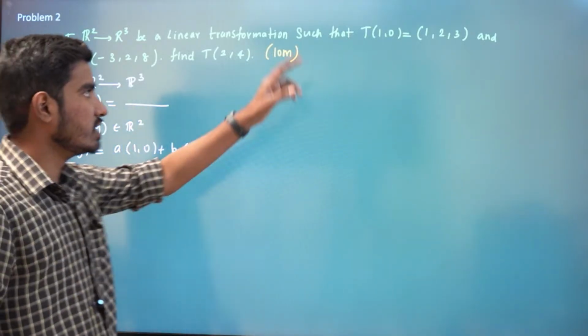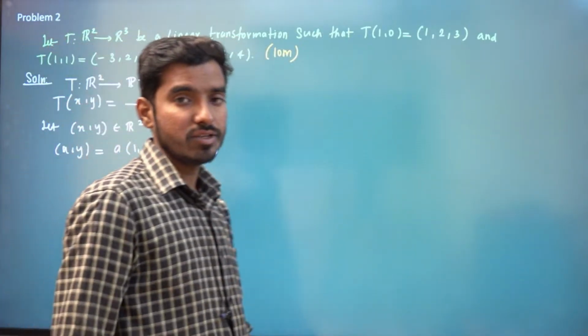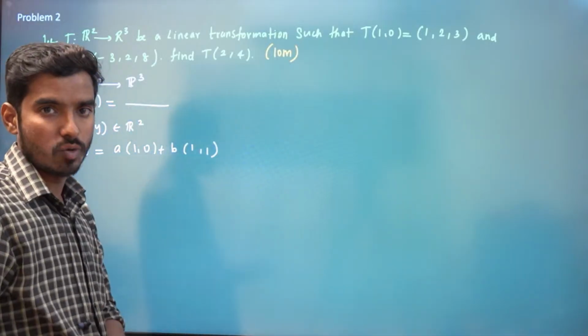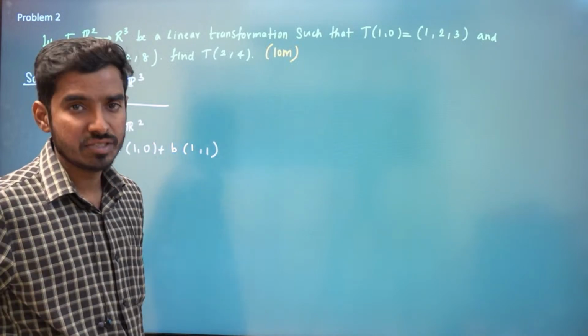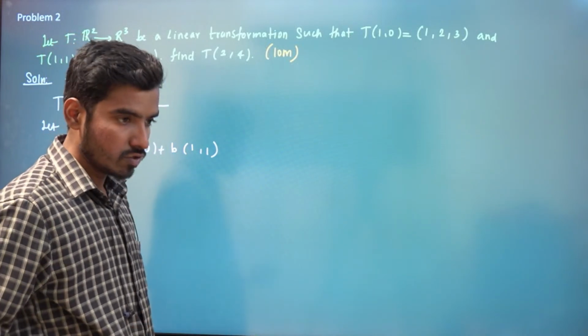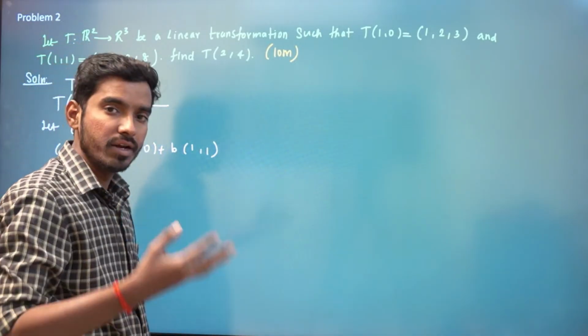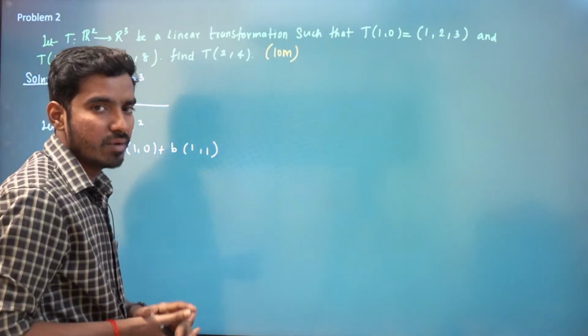Now, as I said in the previous classes, you have to find the values of a and b in terms of x and y. If it is a standard basis, we know that a is equal to x and b is equal to y. If you are watching my videos regularly, in the previous class I said that you ought to write a and b in terms of x and y. If this is a standard basis, then finding a and b is easy.